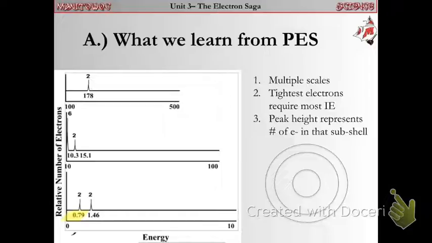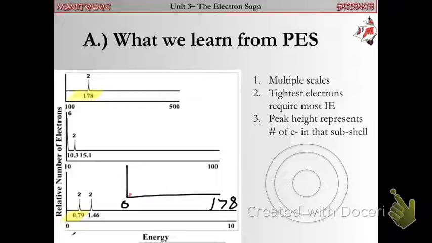But on the other hand, the innermost electrons take 178 units of energy to come off. So if you imagine a scale where we had 178 right here and 0 here, that 0.79 value would be so minuscule, so small, so hard to see, it'd be way to the far left.